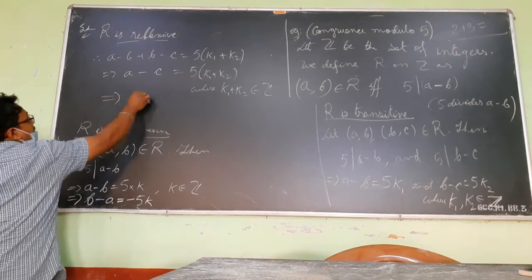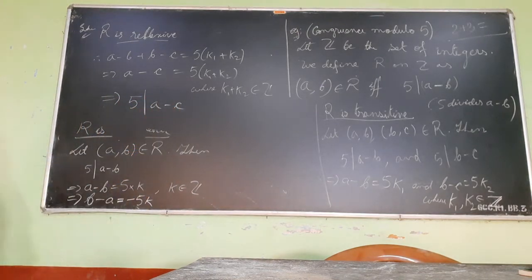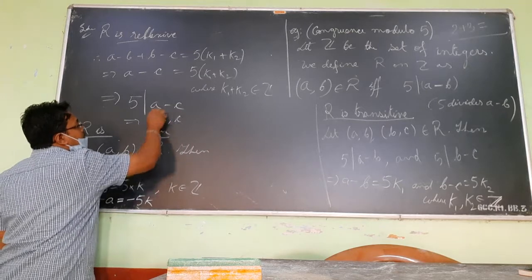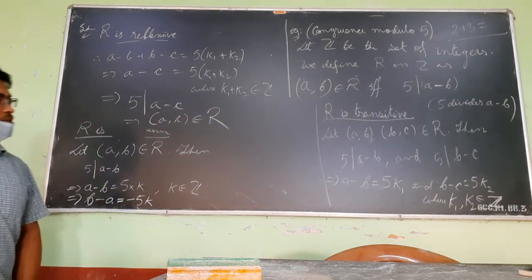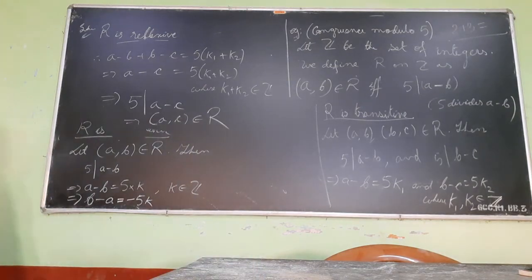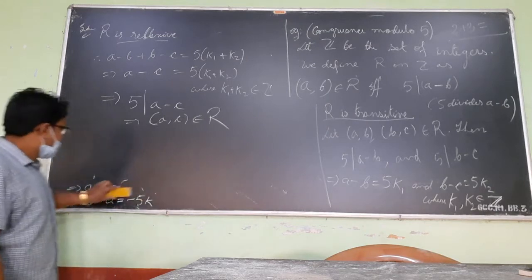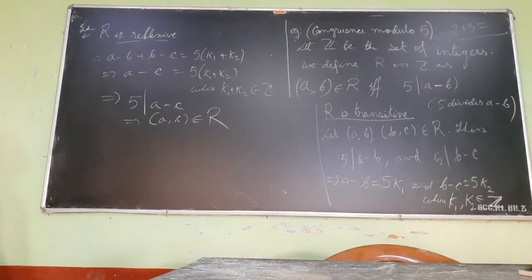So 5 divides A minus C, that means (A, C) belongs to R. So R is transitive also. R is reflexive, symmetric as well as transitive, so it is an equivalence relation.